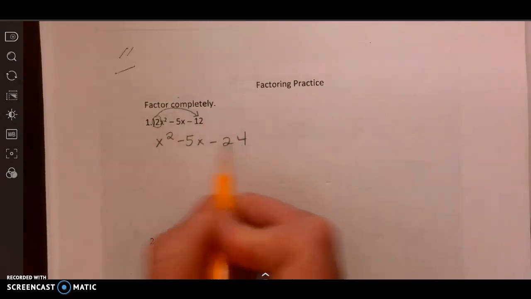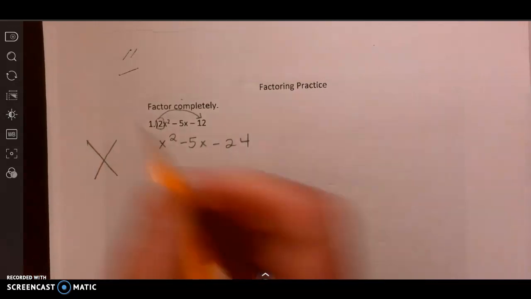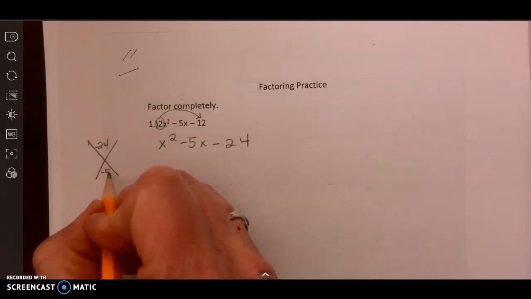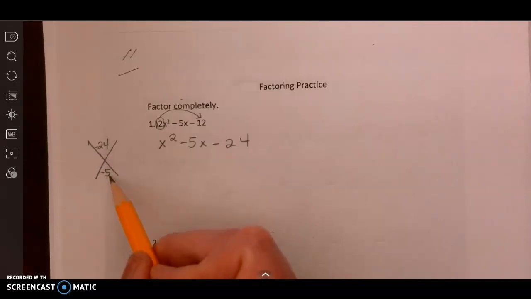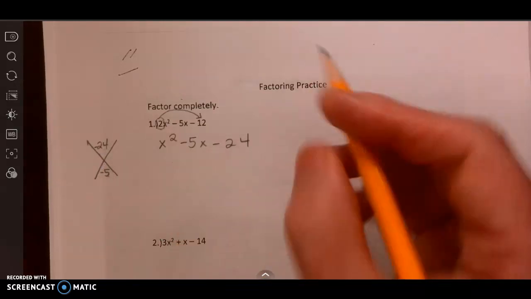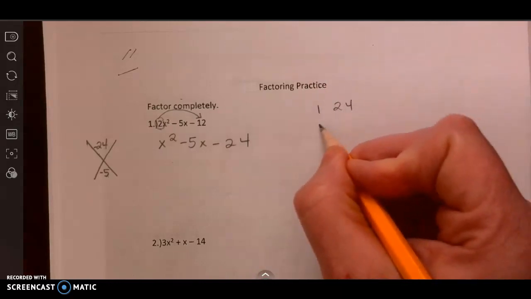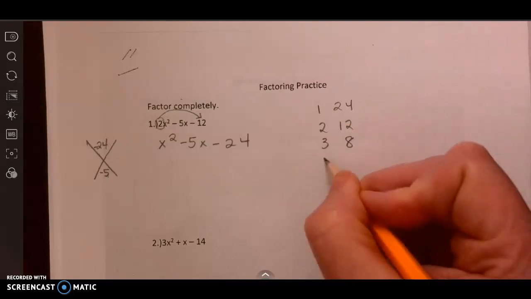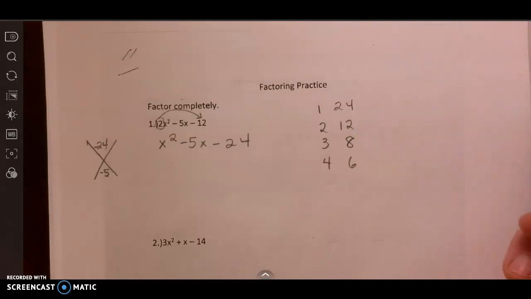Now, since this has a leading coefficient of 1, I can use the diamond method, where I put the product in the top and the sum in the bottom, and I'm looking for all my factors of negative 24 that add up to negative 5. So I'm going to list my factors of 24. I've got 1 and 24, 2 and 12, 3 and 8, 4 and 6, and then they start to repeat.